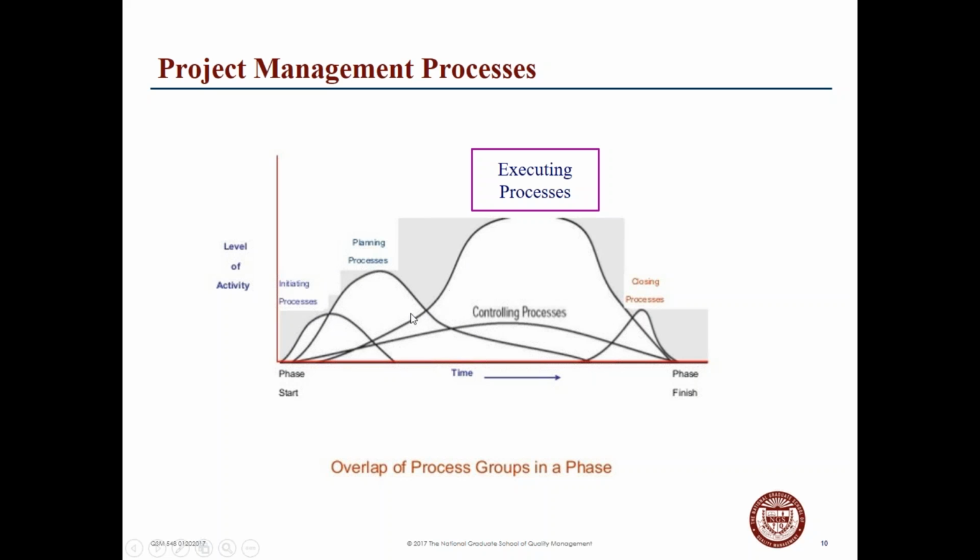When we get into the executing processes and the controlling process, you can see there's a lot of effort and work that needs to be done at this particular point. And then we begin rolling into the closing processes, ultimately finishing in the final phase.